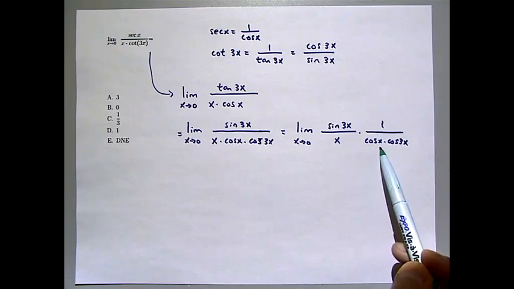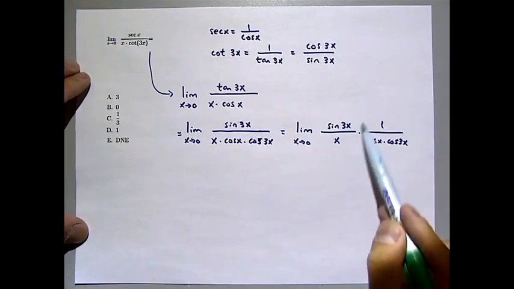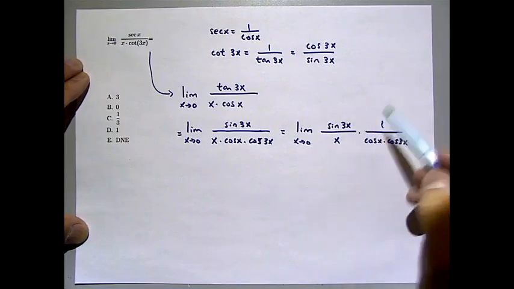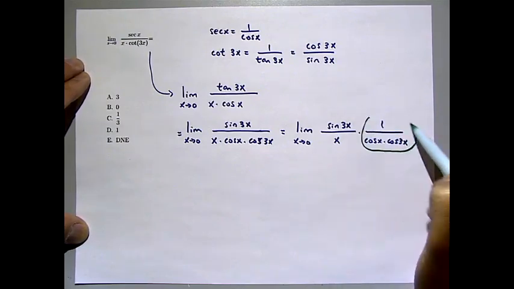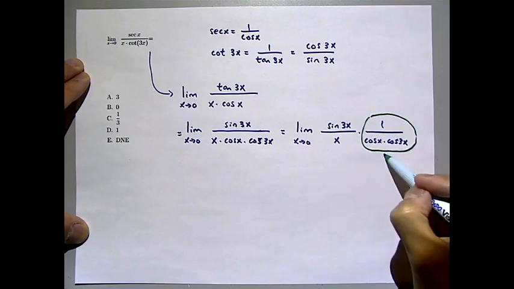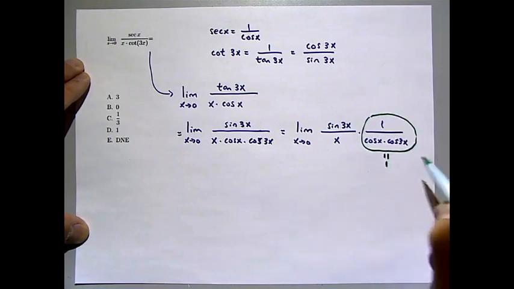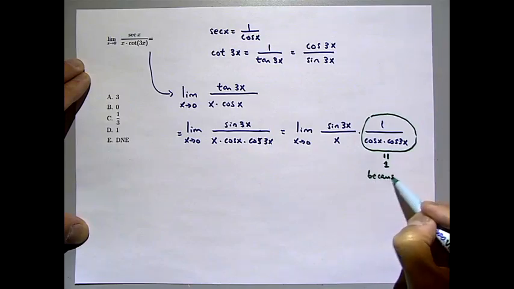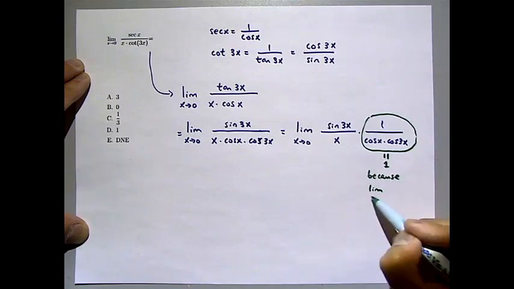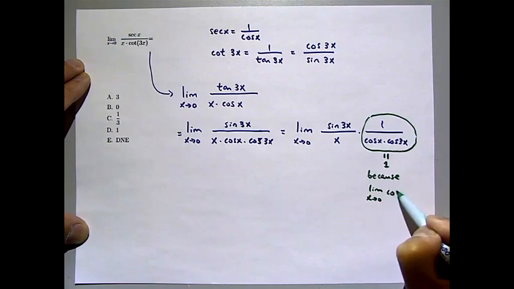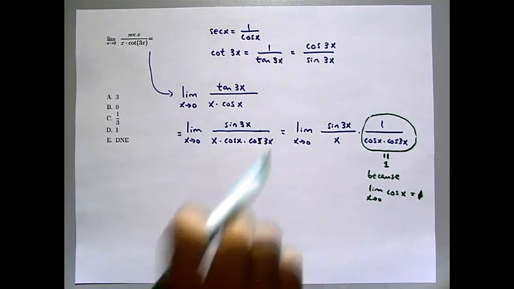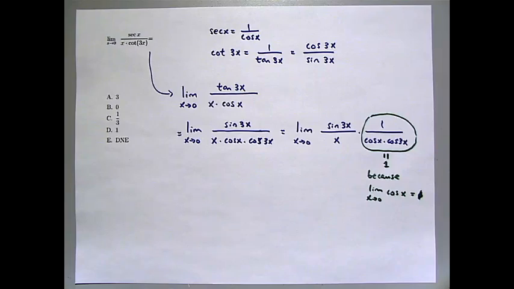Cosine of 0 is 1. So this second quantity here is 1 down here, 1 down here. This whole thing here becomes 1, because the limit as x goes to 0 of cosine of x is equal to 1. It's 1 over 1. That entire thing is irrelevant. All we need to care about is this one right here.